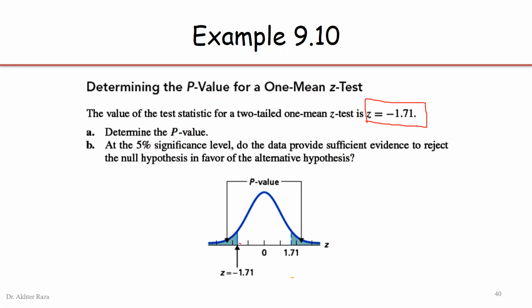That p-value can be obtained by just looking up minus 1.71 in the Z table, and directly we will have this number. Then we will double this probability because the p-value comprises this region as well as the probability of this region. So either we will double this number or we add these two times.